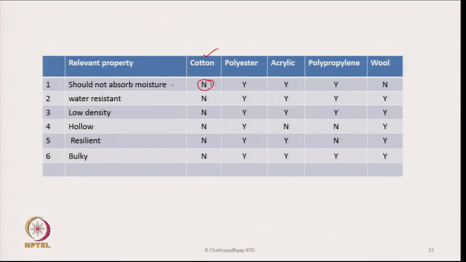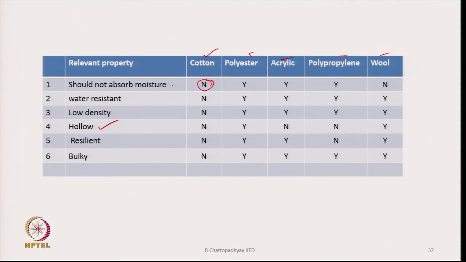Other fibers all have some chance to be used, and if we get hollow fibers, they are very good. So polyester, acrylic, polypropylene, wool, anything can be used to some extent, and they are used, but polyester or polypropylene is cheap, so they are mostly used, and hollow polyester fiber is still better. Hollow polyester fibers are commercially available, and therefore, they can be used.